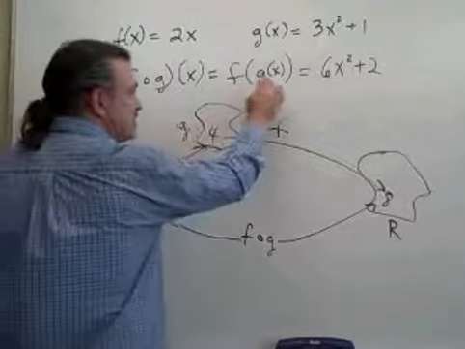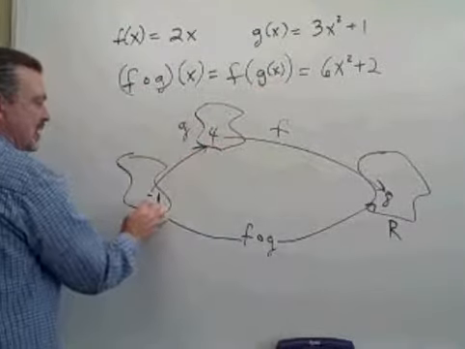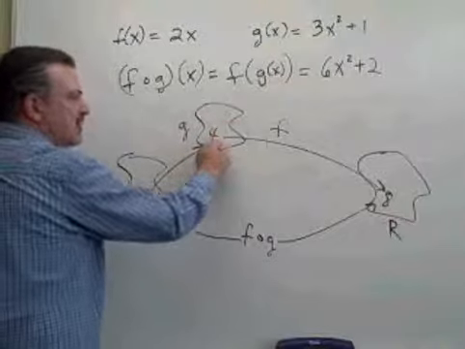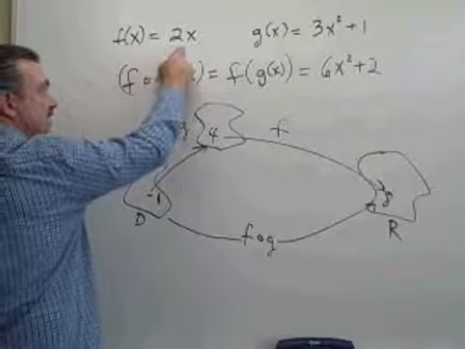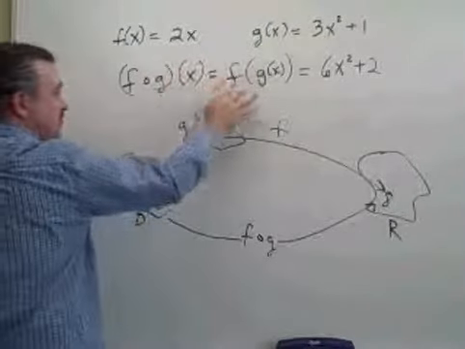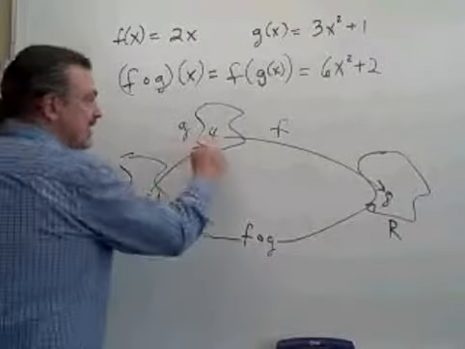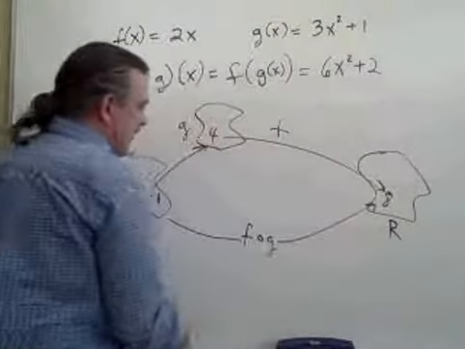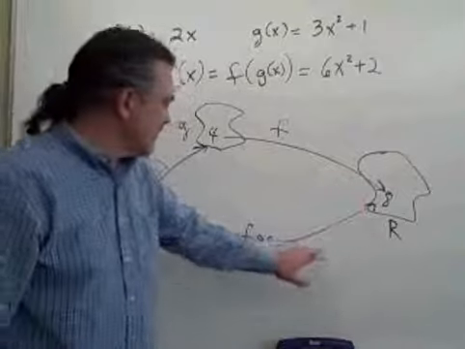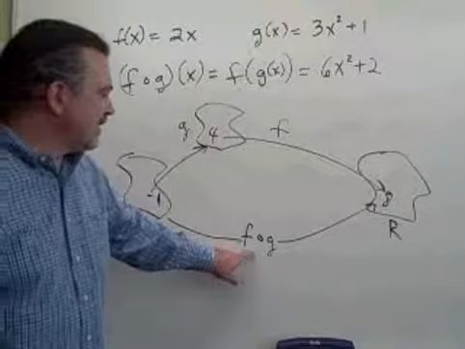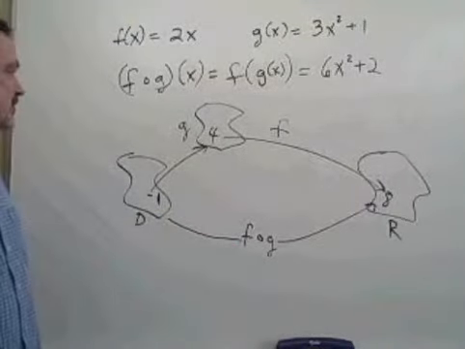So you do the interior function first. -1 mapped to 4. Take that value, put it in place of the x in the exterior function, the f function in this case. Evaluate that, and you'd have the same answer as if you took -1 and evaluated it with your composition function.